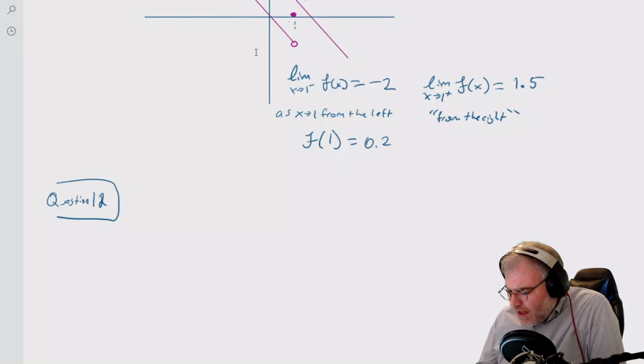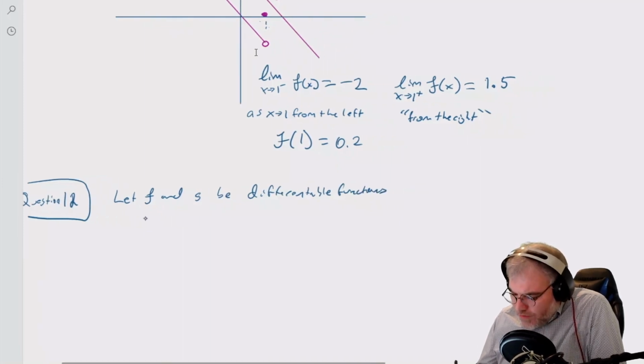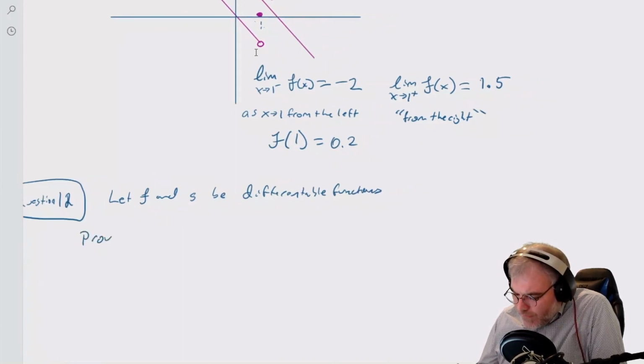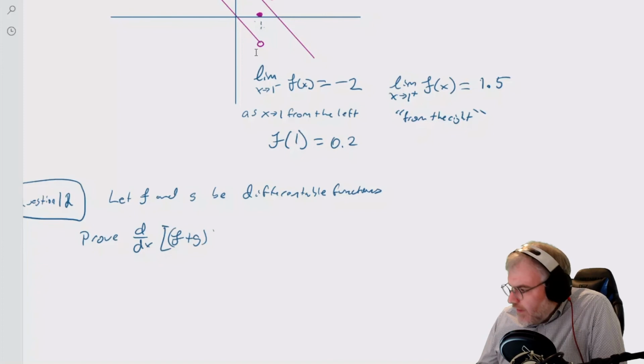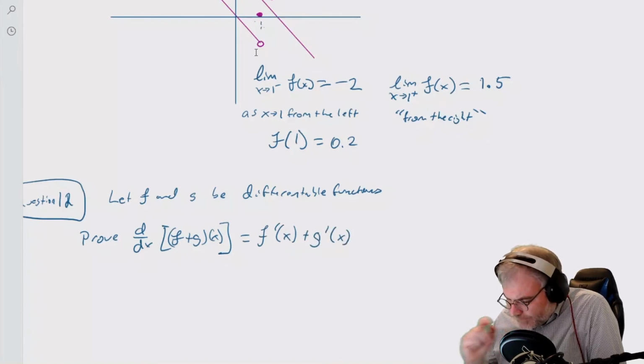So question 12 was, let f and g be differentiable functions. Then prove d over dx of f plus g of x equals f prime of x plus g prime of x. Okay?